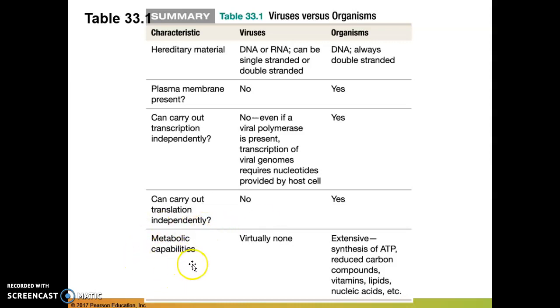And then metabolic capabilities, basically none. We take in food and nutrients from our environment, we break it down, we get ATP out of it. They don't do that, which is one of the things that defines something as living. They don't really need to do it because they're going to let us do all the work for them.